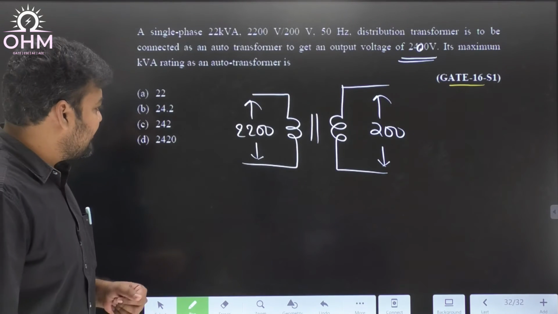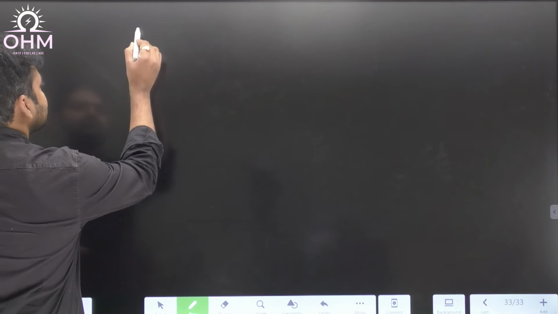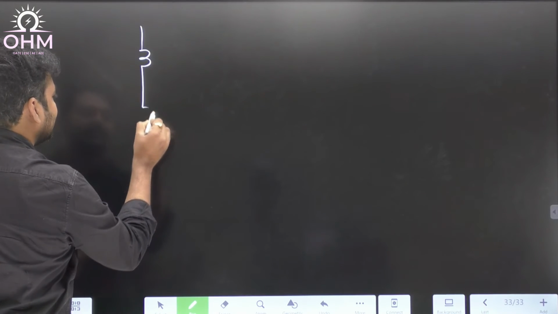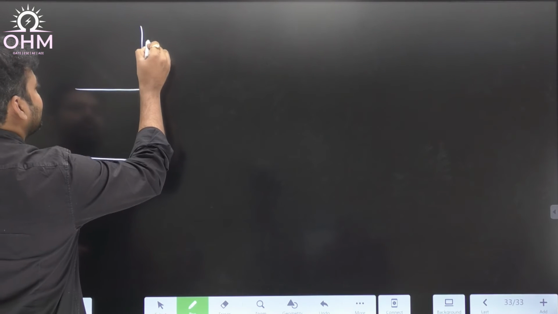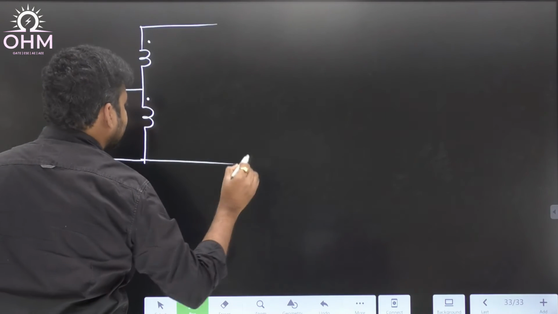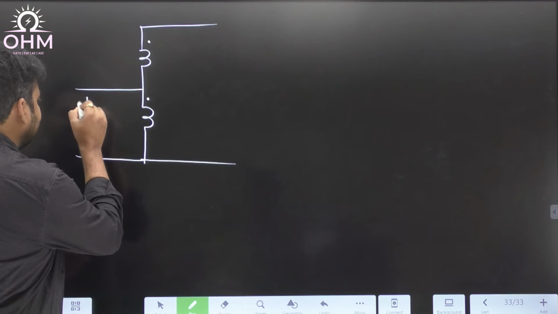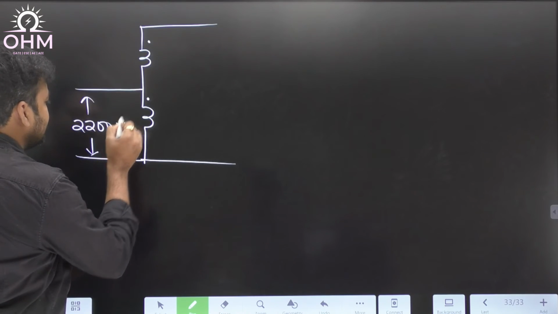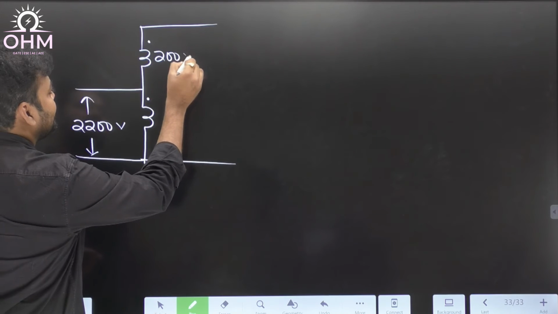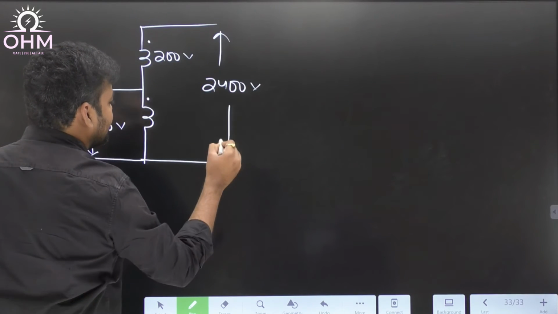What is the maximum kVA rating possible? So what are the possibilities? If I want 2400 volt on the output side, definitely both voltages must add. I need a step up autotransformer connection. In the first connection, suppose I take 2200 volt as the input voltage, then this will be the 200 volt winding, and the output voltage becomes 2400 volt.